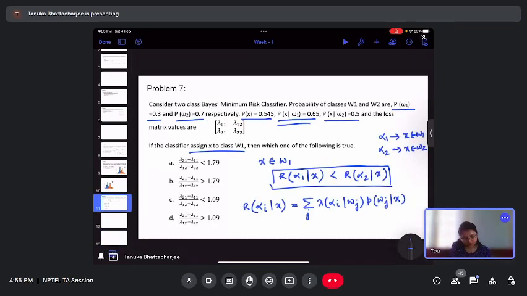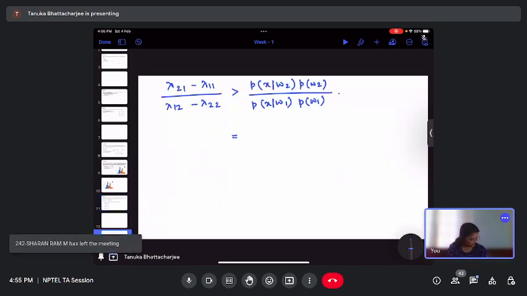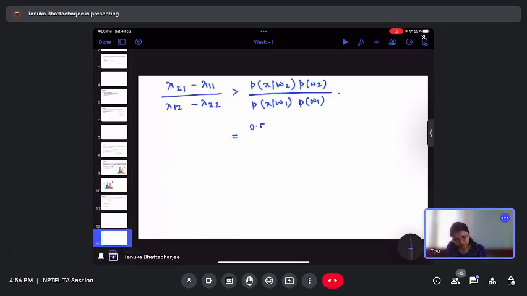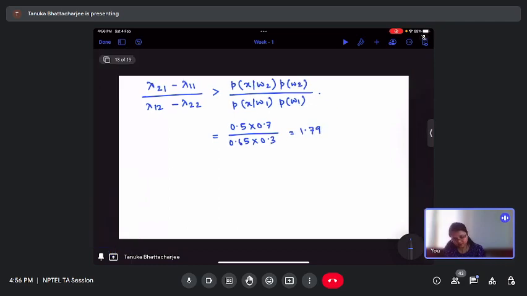So, the values were put in, and the final value will be 1.79.